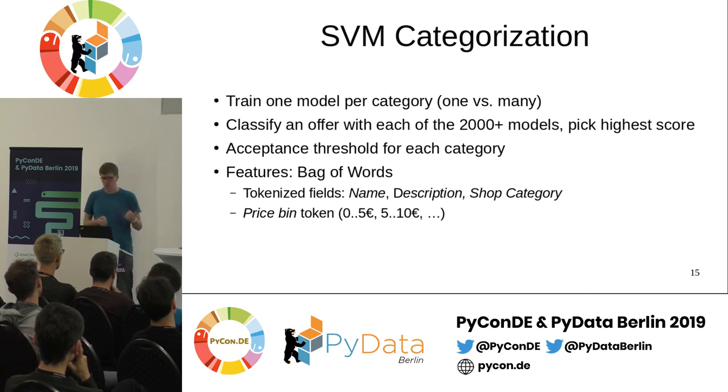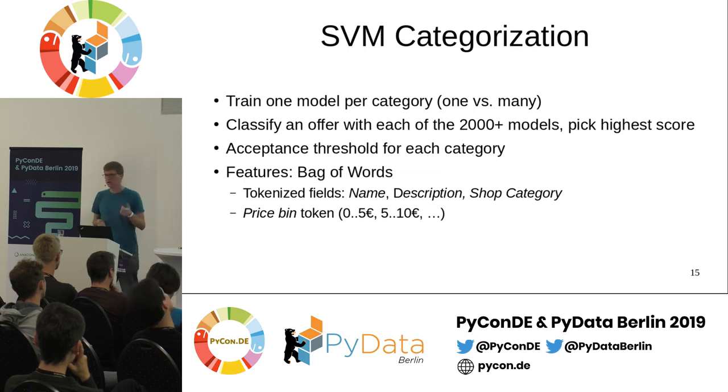So use the name, description, and the shop category, which is the category that the shop delivers from their system, because usually every shop has its own kind of categorization scheme, and we need to unify that. And what also helps, throwing into the mix of the bag of words, are price bin tokens.